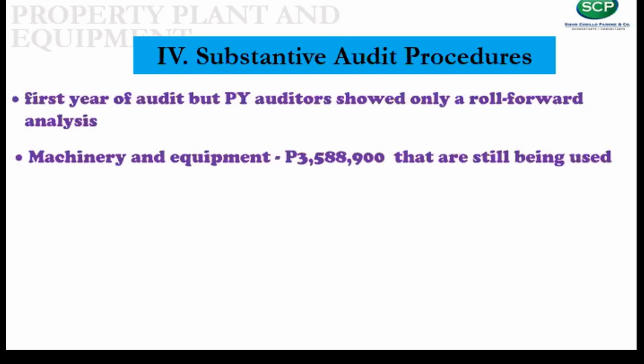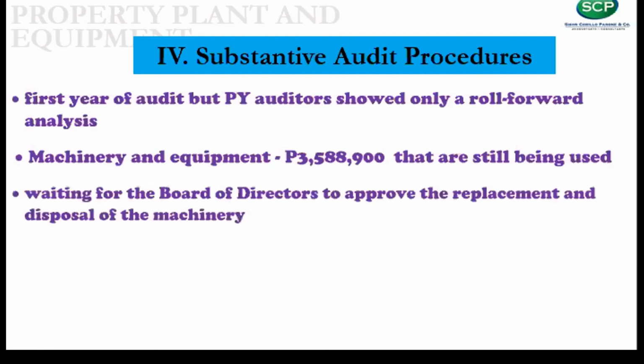3,588,900 pesos were planned to be replaced with more technologically advanced machinery and equipment. They are, however, still using the asset until the replacement arrives. The client said that they are currently waiting for the board of directors to approve the replacement and disposal of the machinery and equipment.